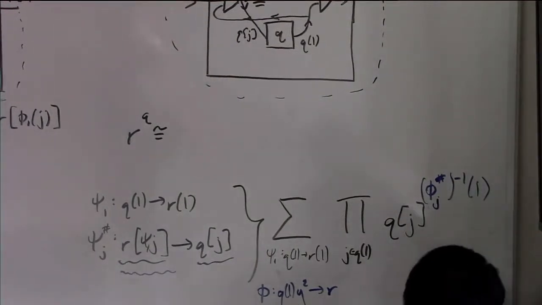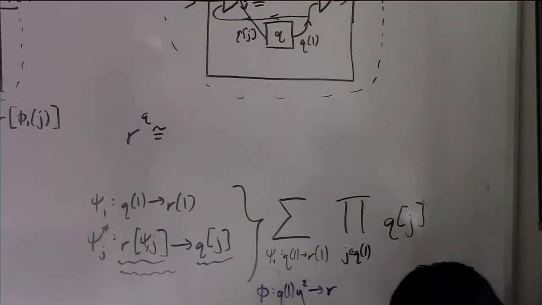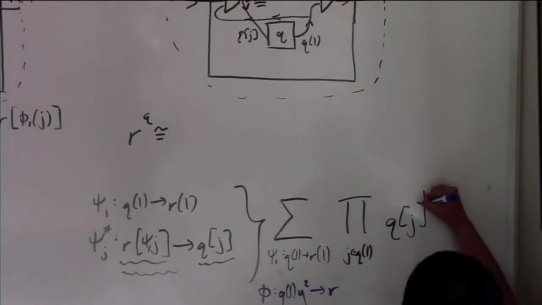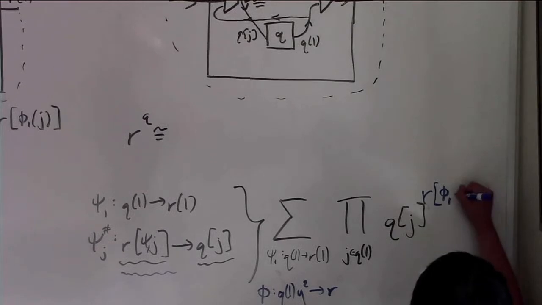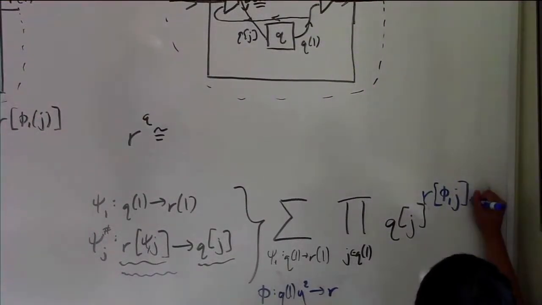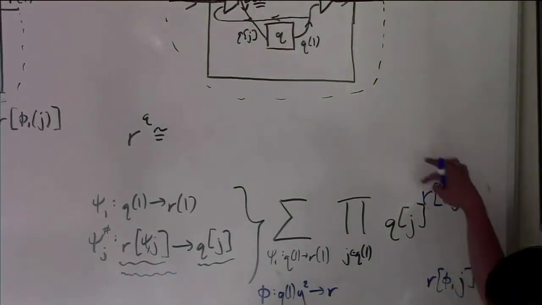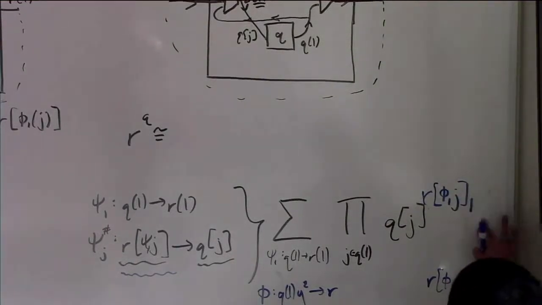Actually, let me write it. This is not how I wrote it here, but I will write it like this. So R bracket phi sub 1 j sub 1. So everything in here that gets mapped to 1.